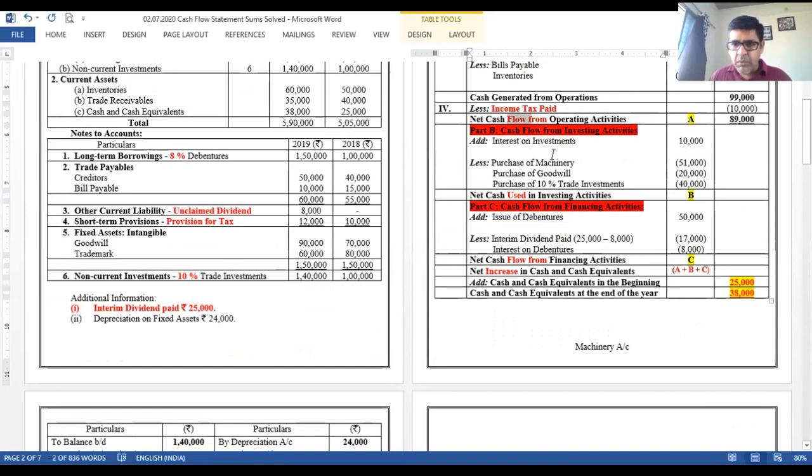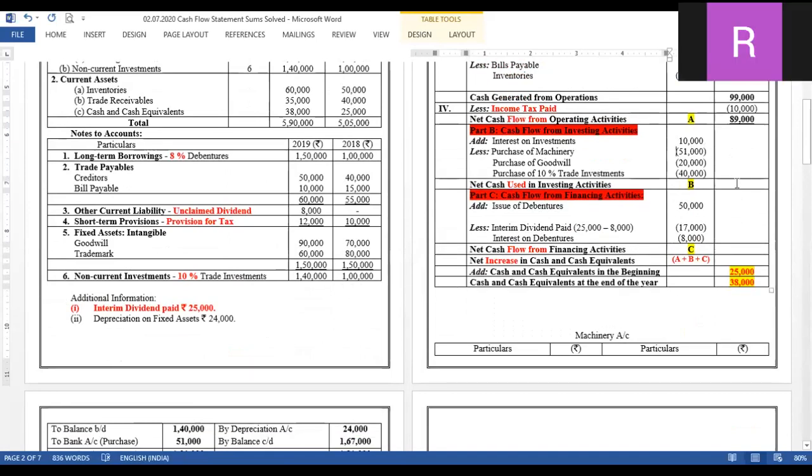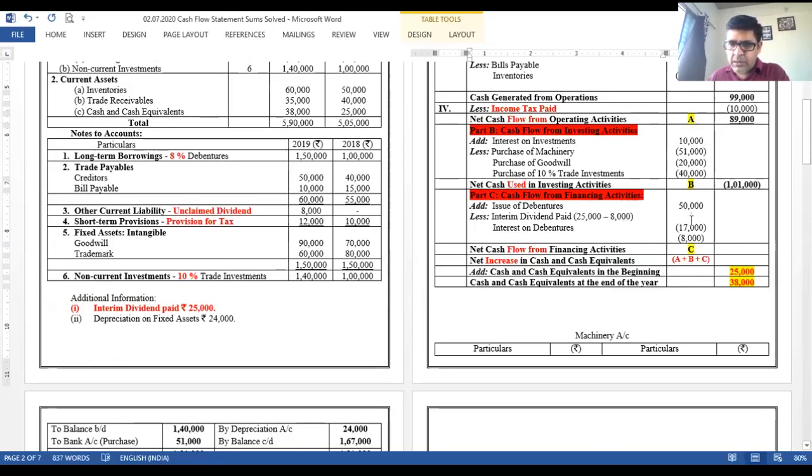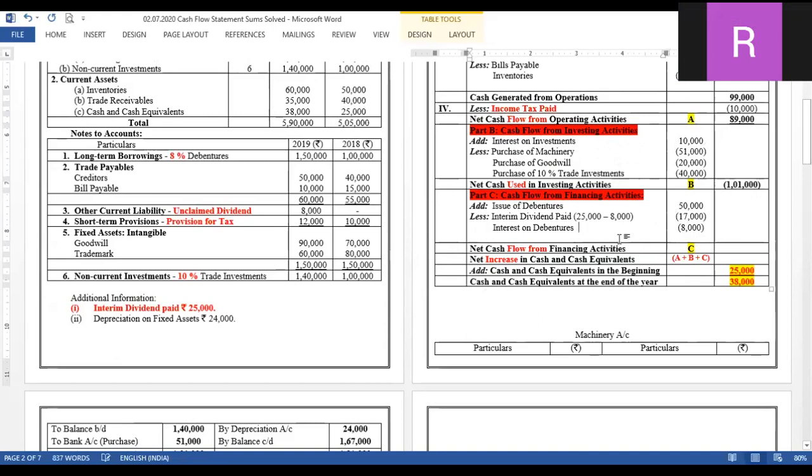Moving ahead, it is investing activity. Sir, 1,01,000, negative amount. Because it's negative, the cash used is mentioned over there. The third part is? Sir, 25,000. Positive or negative? Sir, positive.